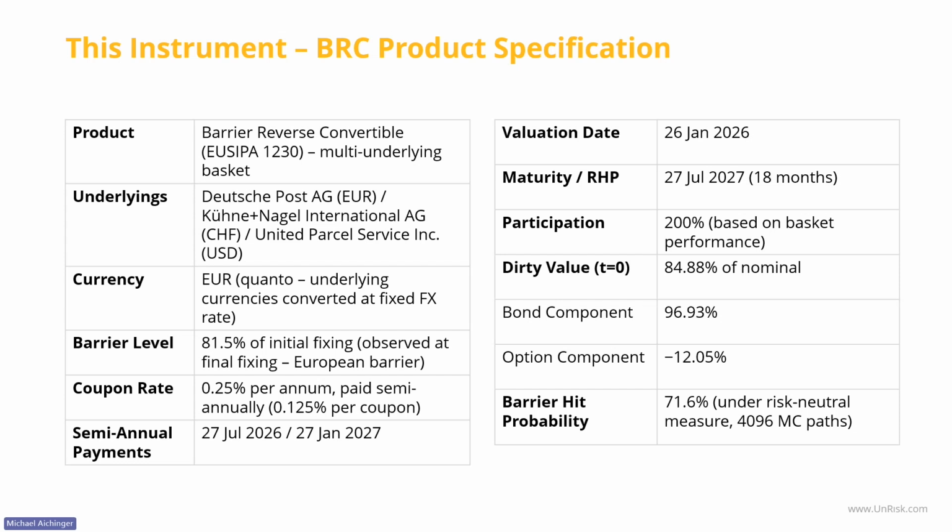So the dirty value at today's date, valuation date, the 26th of January 2026, was 0.8488. And we can split this in a bond component and an option component. And we have calculated the barrier hit probability with 71.6% under risk neutral measure with 4096 paths.